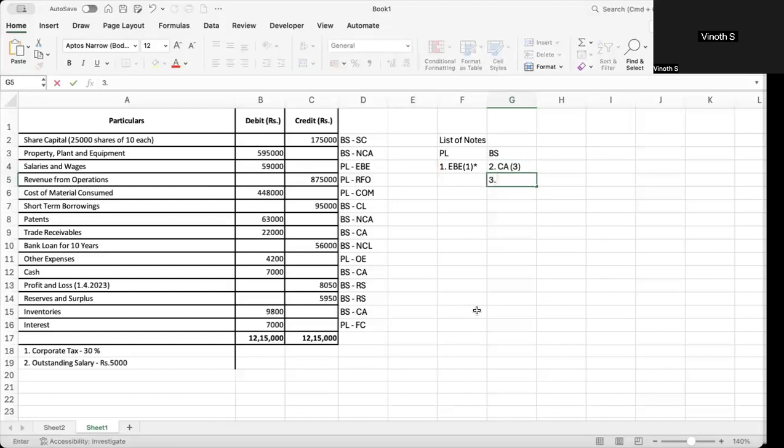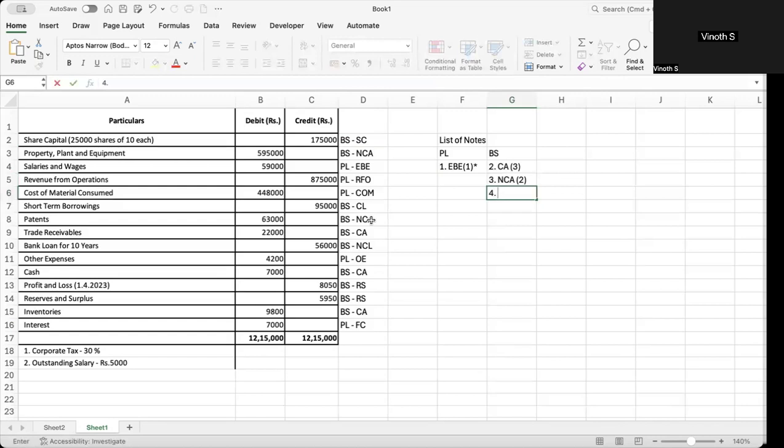Next, non-current assets. Property, plant and equipment is one item, and patent is another, so two items are there. So a note is required. Fourth, as I already mentioned in my first video, current liability is a mandatory note to be prepared, because when tax comes, the tax payable will immediately come here. Same like that, reserves and surplus is also a compulsory note.